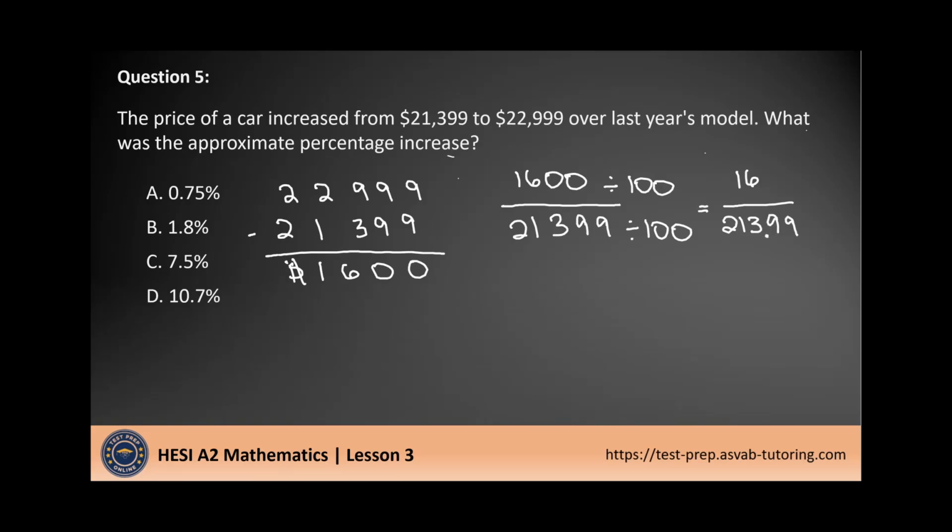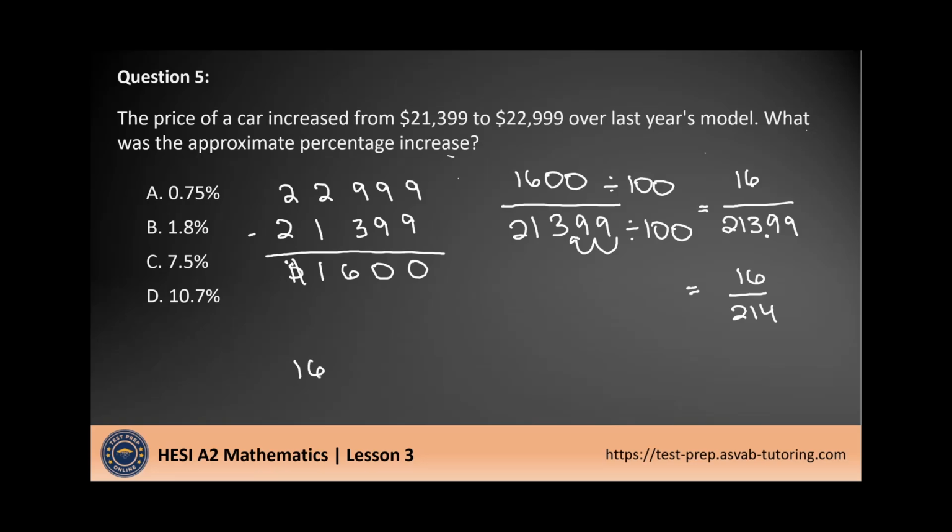Put our decimal here because it moved 2 places to the left once we divided by 100. And we'll simplify that, just rounding to 16 over 214. So this is going to give us an approximate answer.